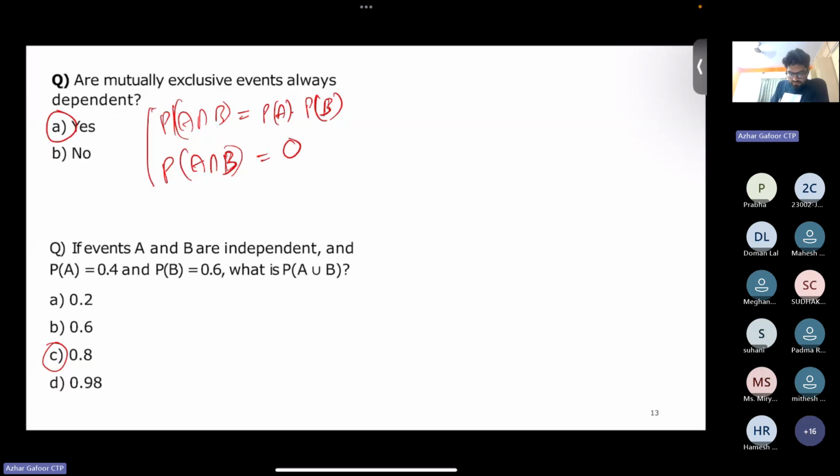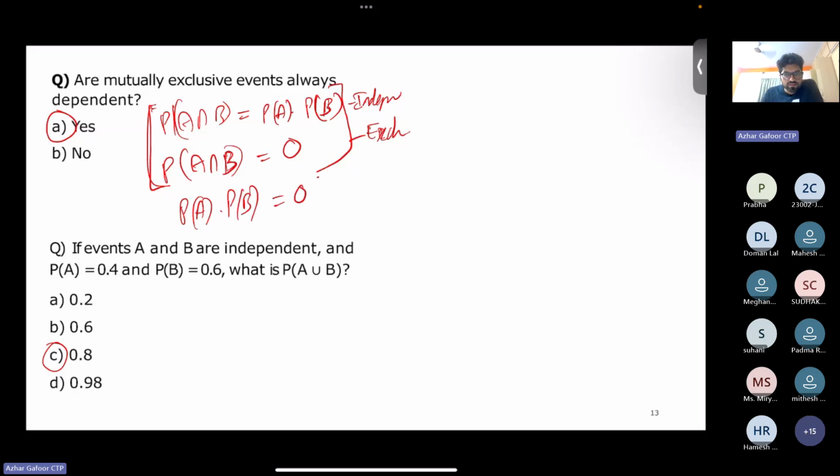Now if you combine these two, we are trying to see if a mutually exclusive event can be independent. If a mutually exclusive event is independent, then probability of A into probability of B should be equal to 0.